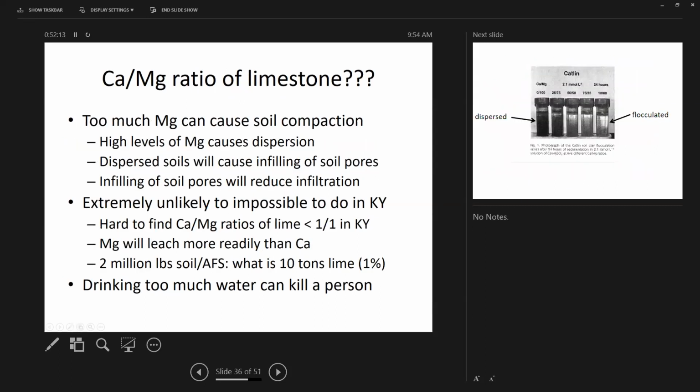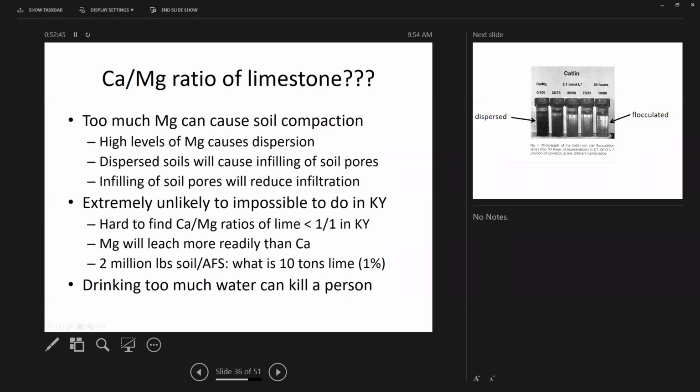I'm getting close to time. One of the things, the calcium magnesium ratio, they say too much magnesium can cause compaction. High levels of magnesium can disperse the soil, so it doesn't flocculate, it's not in clumps, it's just single particles. Then when it rains, they'll fill these soil pores and more or less create compaction in a sense and reduce water infiltration.